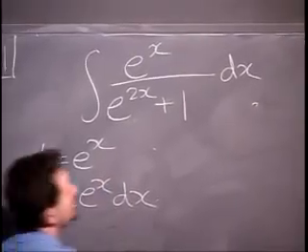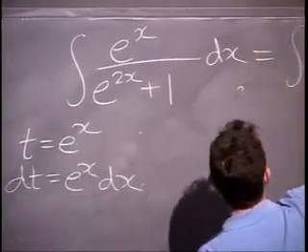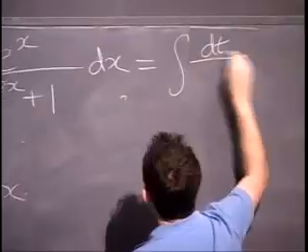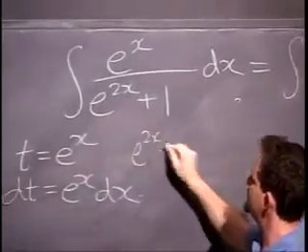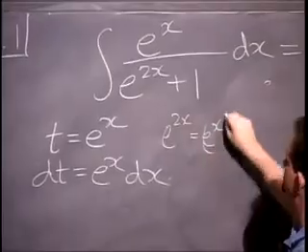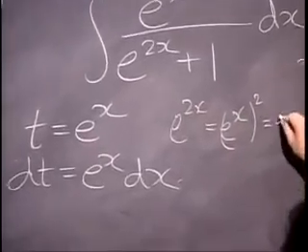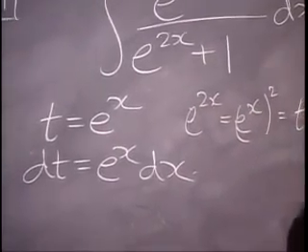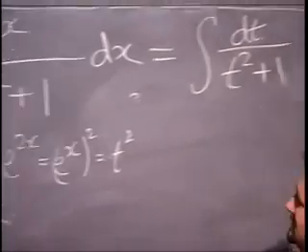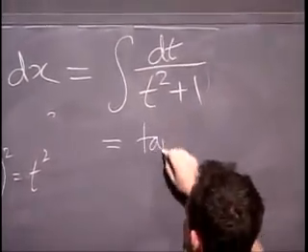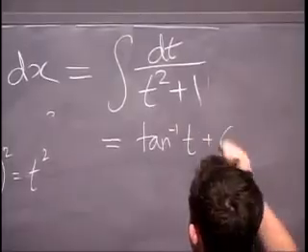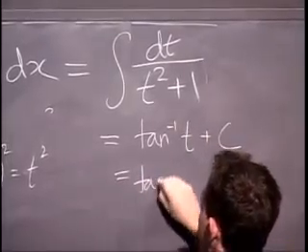Well, there's the dt on the top. The whole top just becomes dt. What's e to the 2x? Well, e to the 2x is just e to the x all squared, which is t squared. So the bottom becomes t squared plus 1. That's a bit of a trick. So it's inverse tan t. It's an indefinite integral, so I better put it back to x land.